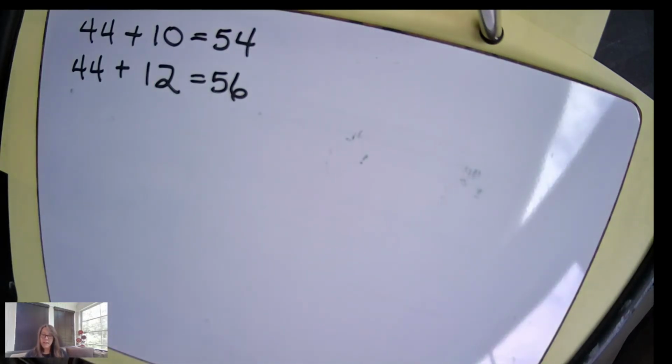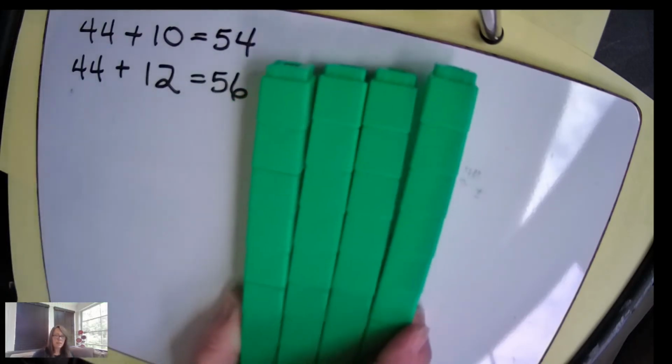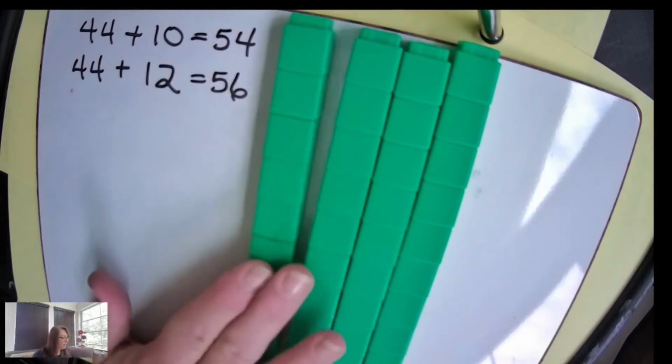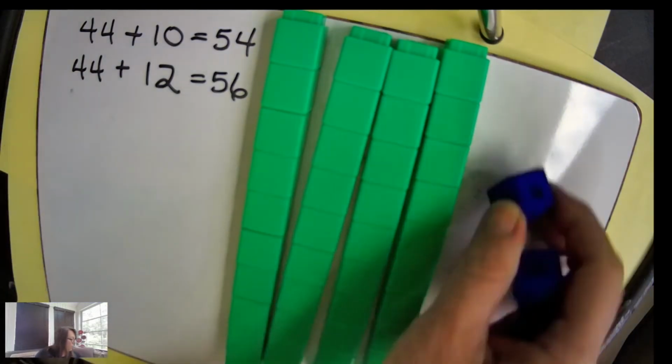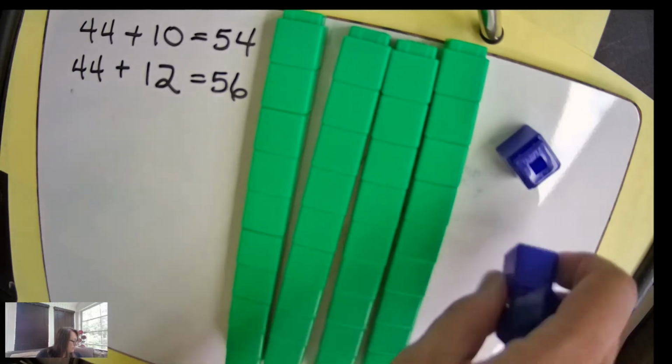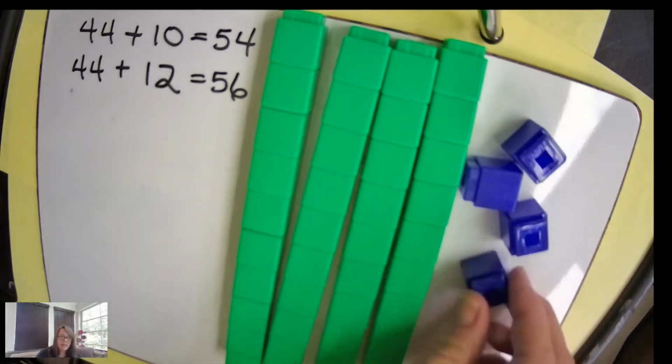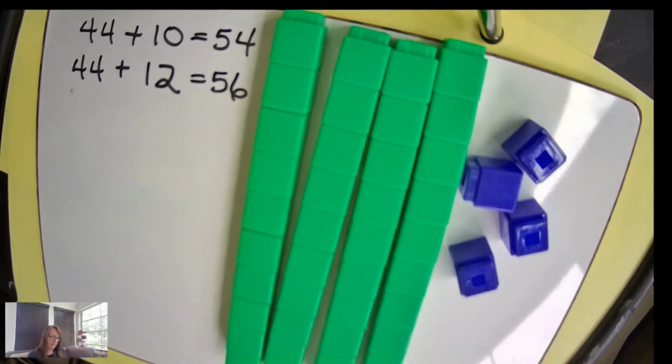Okay, so Cameron was saying that he was thinking about this in the same way that Madison was thinking about the previous problem. He thought about 44 as 4 tens and 4 ones, and tell us more.